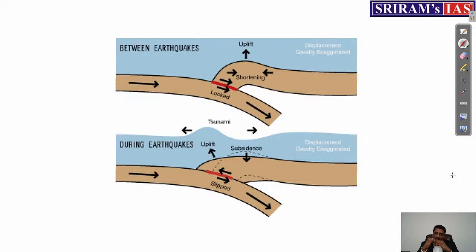If suddenly one crust slips over another, the sudden upliftment of the ocean floor can result in the formation of a mountain-like structure. Once that is created, the water can move in all possible directions. You call that a tsunami. For the formation of a tsunami, a mount of water is needed in the middle of the ocean.